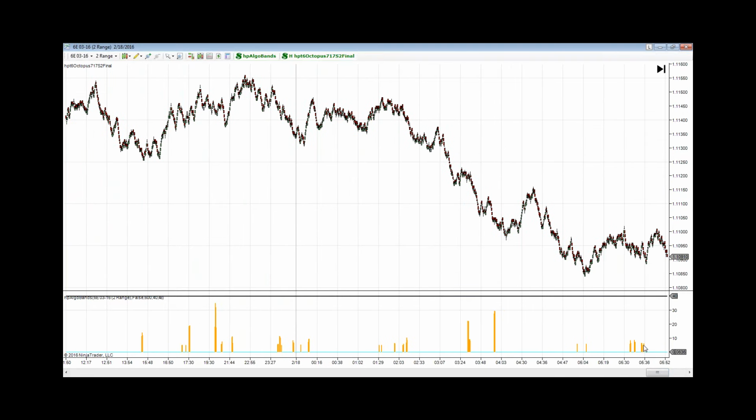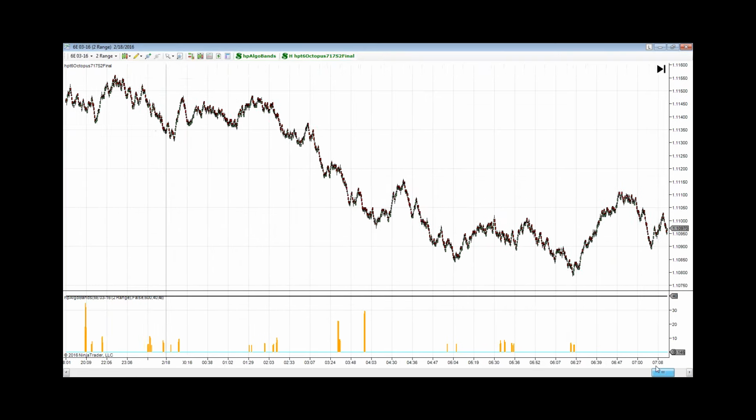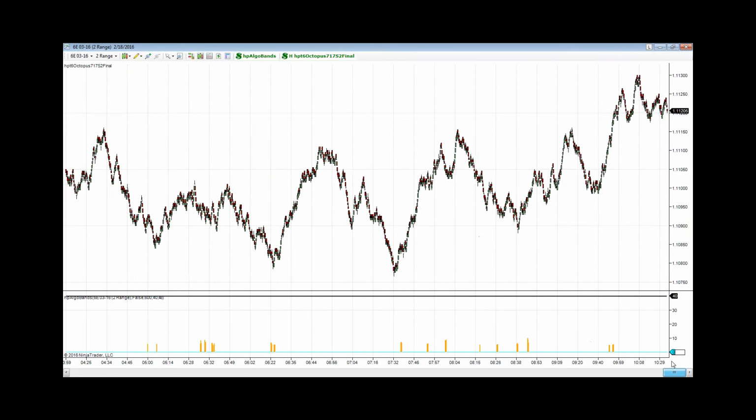However, if I go back here and look, 20 seems to be a pretty good value, but I don't know that for certain. Let's see what the automatic would be.